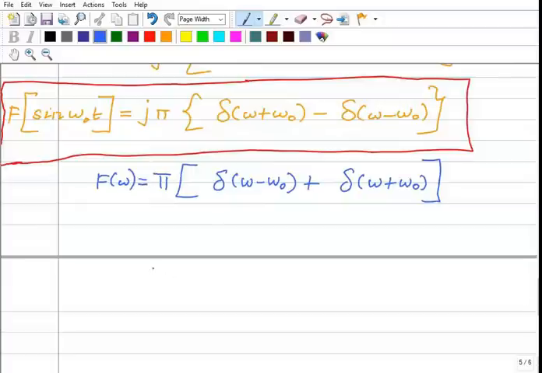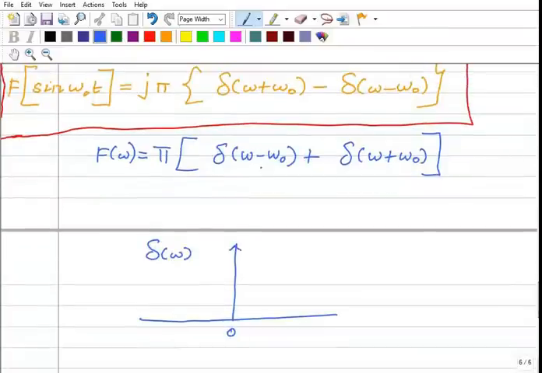What is the nature of delta omega? Only at the particular value of time or frequency? Frequency omega equal to 0, this is something like this. Now, this signal is advanced and delayed.